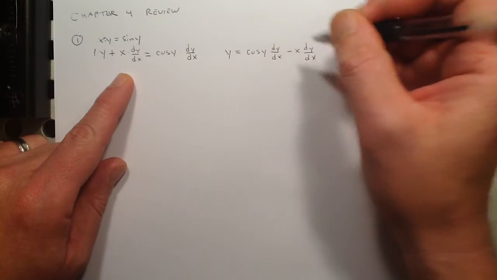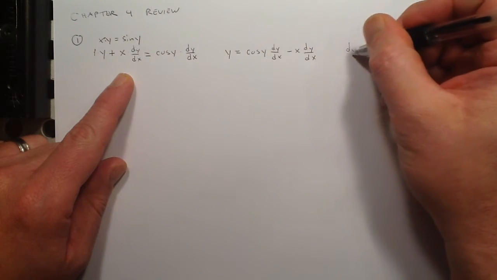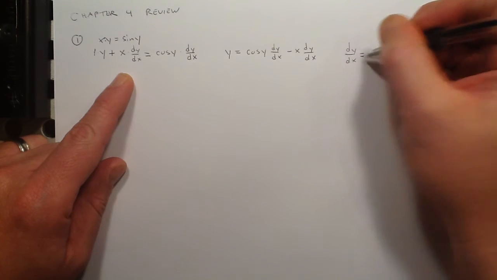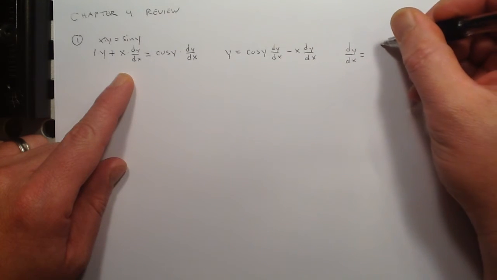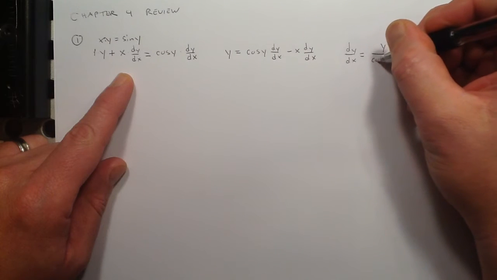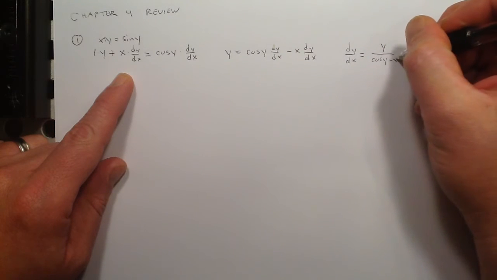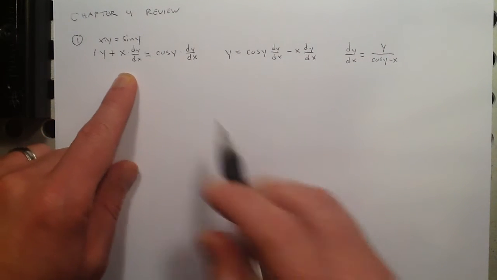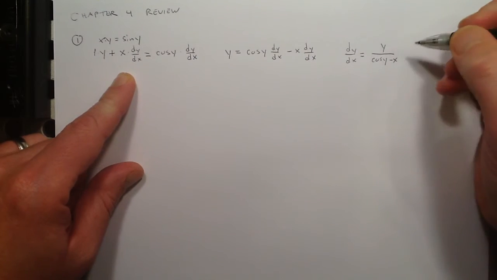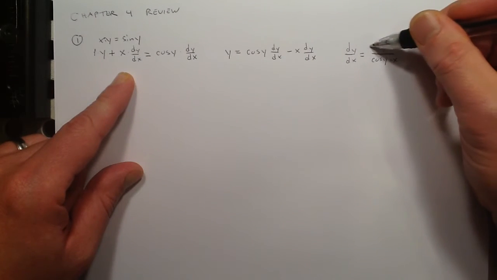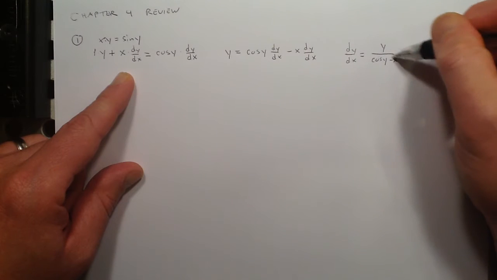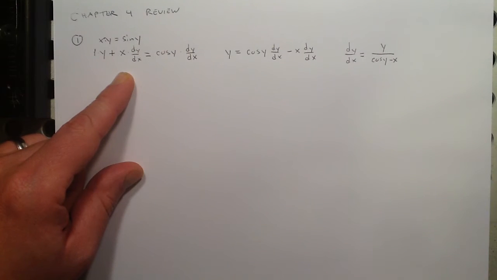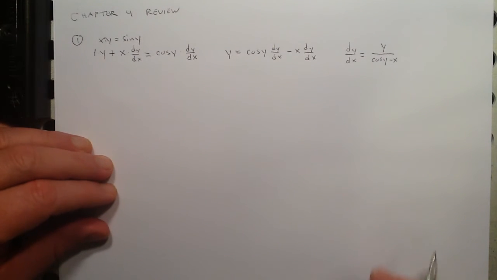And divide, that gives me dy dx equal to y over cosine y minus x. If you had done the algebra differently, you could possibly end up with minus y and then have these the other way around. That would be equivalent to this. That would be also correct.